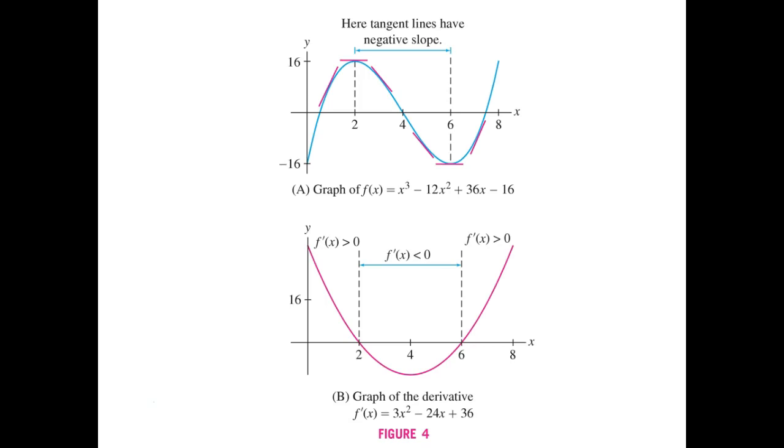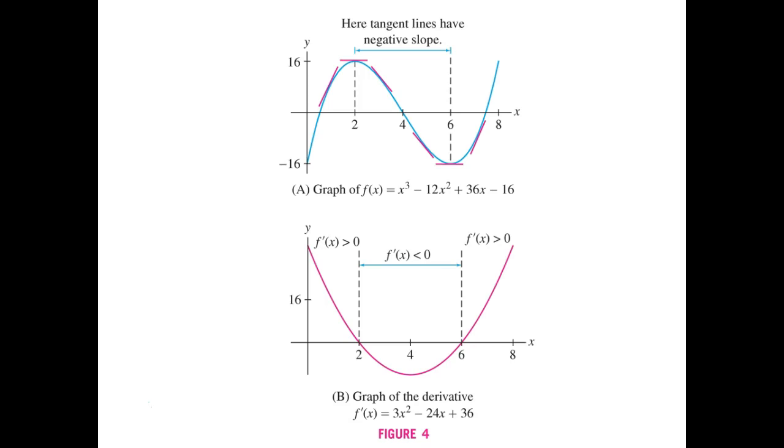Okay, now there's the graph of the function. What do your derivatives tell you? What is the derivative of a function? What does it relate to? Slope of the tangent line, exactly. So, anywhere this function is increasing, the slope of the tangent line is positive.